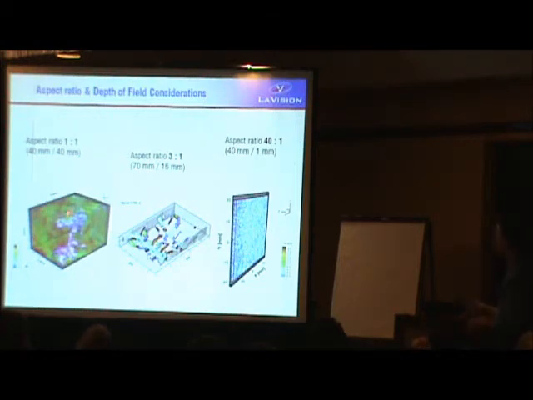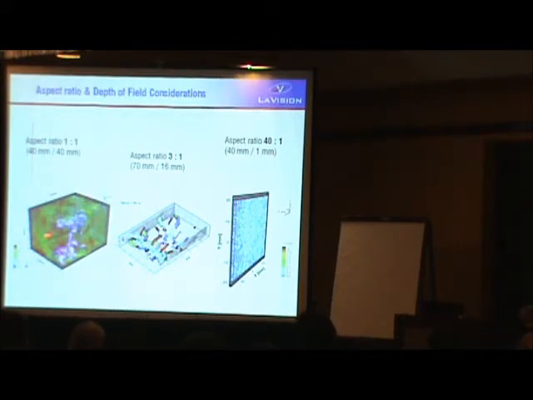These are just some examples of data that we've collected in the past showing extremes in aspect ratio of your volume, going from 1:1, more of a cubic volume, to more of a plane volume, more like what you have for stereo PIV, but trying to improve the accuracy using tomographic PIV.